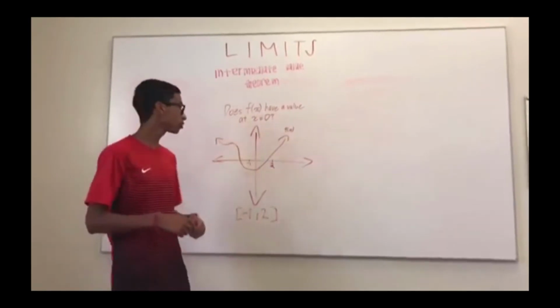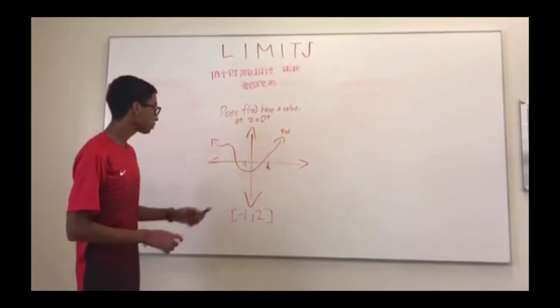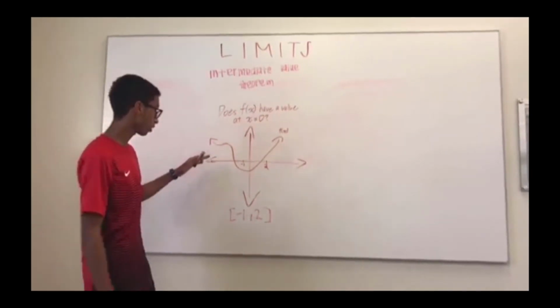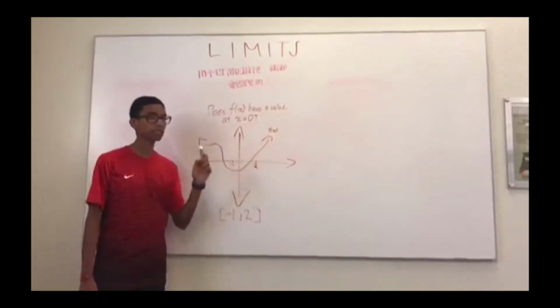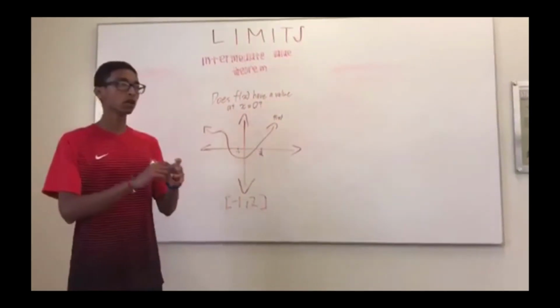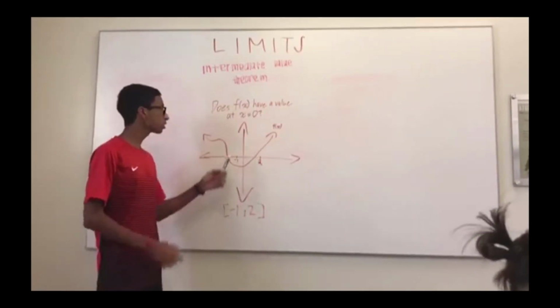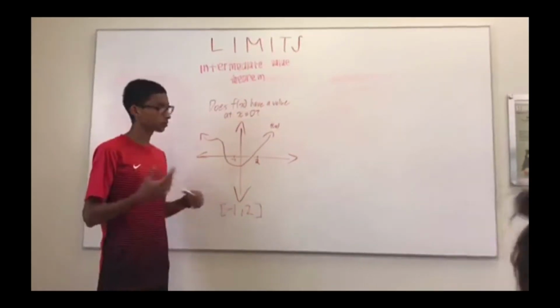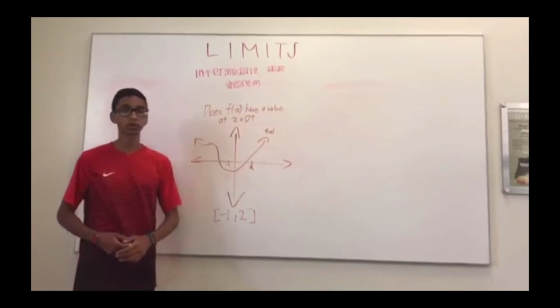And if we take the x value of 2, we see that the corresponding y value is a positive number. That means that between the interval of -1 and 2, the function hits the x-axis at least once. And that means that f of x does have a value at x equals 0.